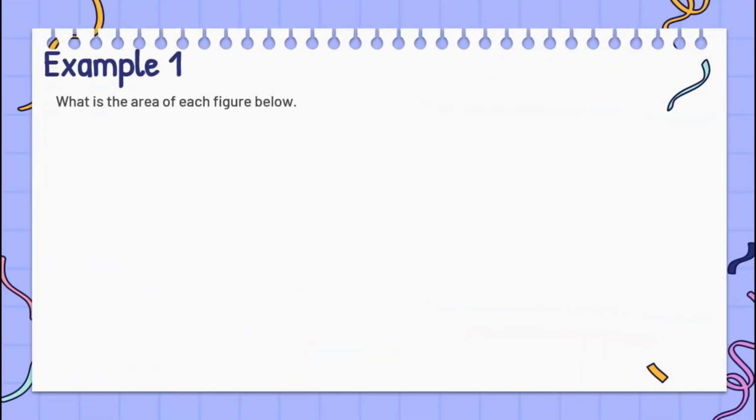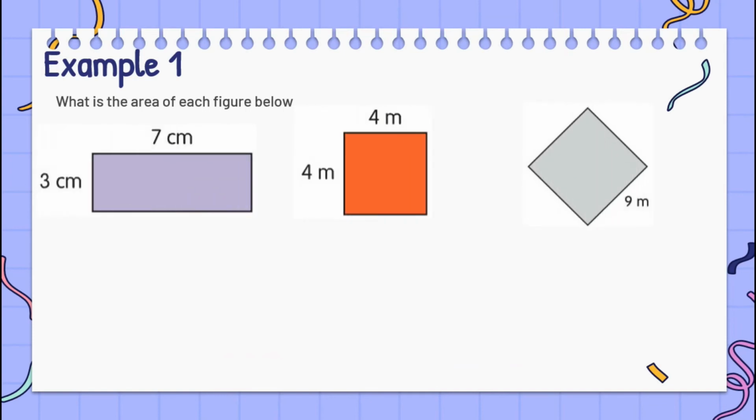Example 1. What is the area of each figure below? Answer. A. This is a rectangle. Remember, it has two pairs of parallel sides and each of them is equal. So 7 here, and of course this is also 7.